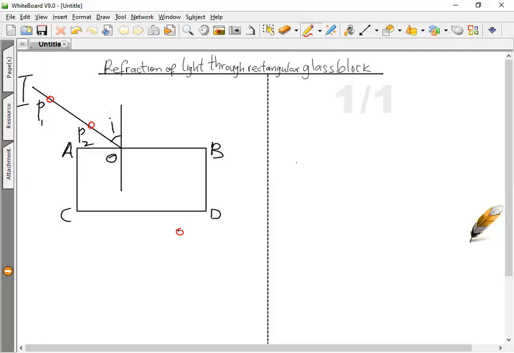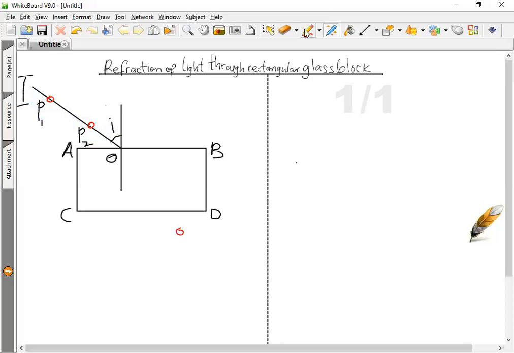When you are fixing your third pin, you make sure that it is in line with the first two pins, making it impossible for you to see the second and the first pins. You make sure that they are all in line, so that when you're looking at this third pin, you will not be seeing your second pin and you will not be seeing your first pin, right when you're looking from here.